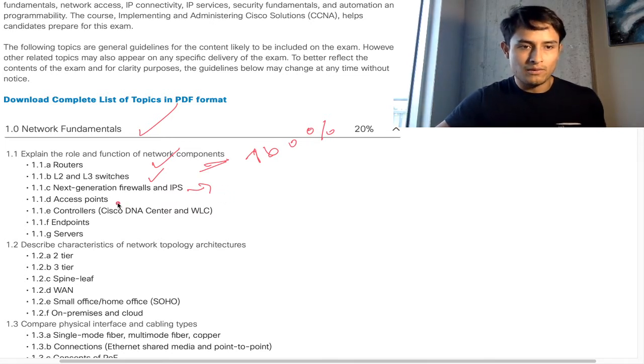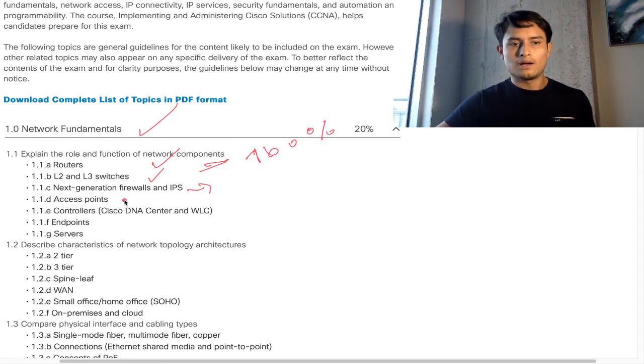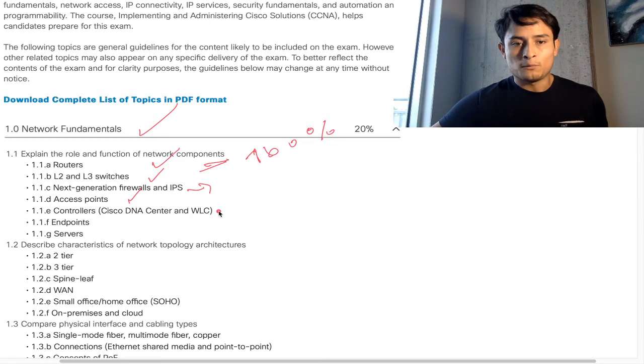Now with access points, same thing. You just need to know what access points are and where you see them in the network, and that's about it. Now controllers, Cisco DNA Center and the wireless LAN controller. What you need to know is what their web applications look like.